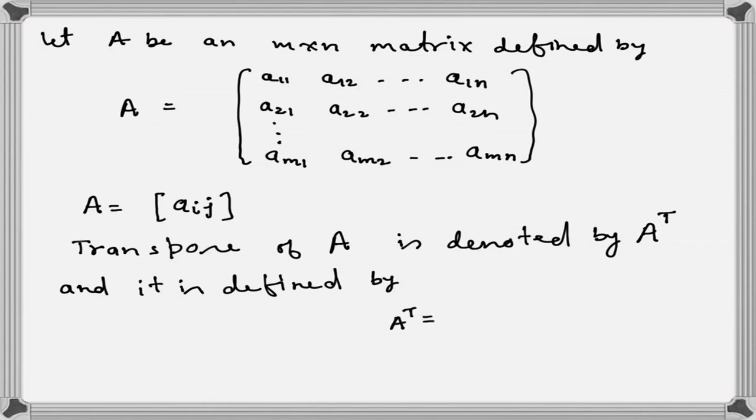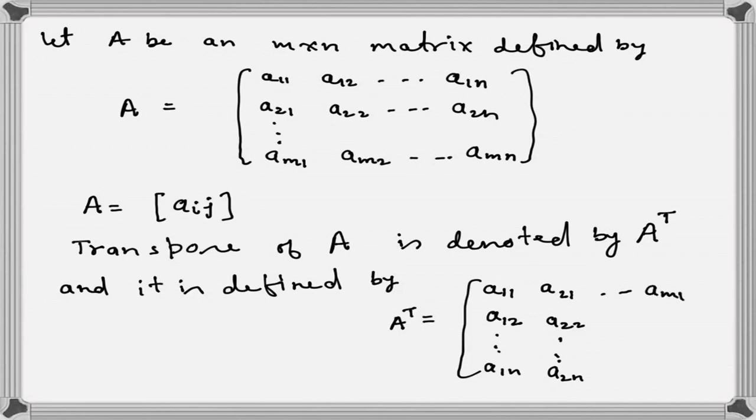That means A transpose is equal to a11, a12, up in the first column is replaced by the first row a1n. Similarly, the second column is replaced by the second row a21, a22, a2n, and so on up to am1, am2.